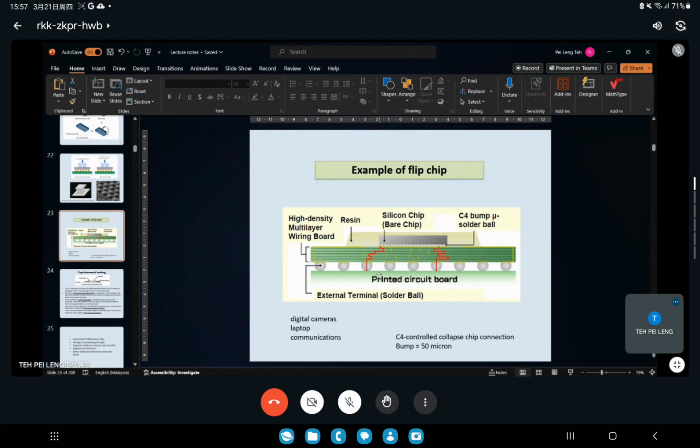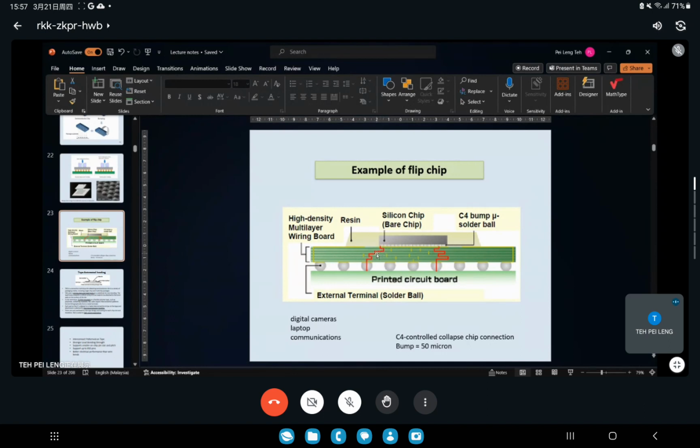Copper is metal, right? Metal can conduct electricity. So they put it layer by layer and design a route, a path, to transfer the electrical signal.